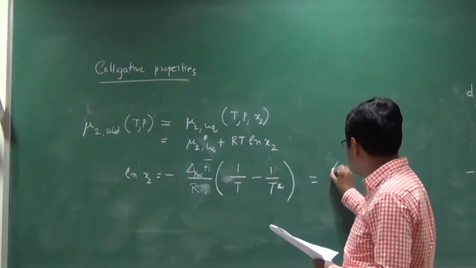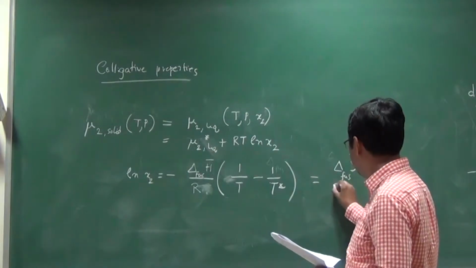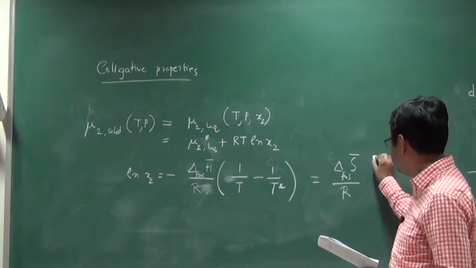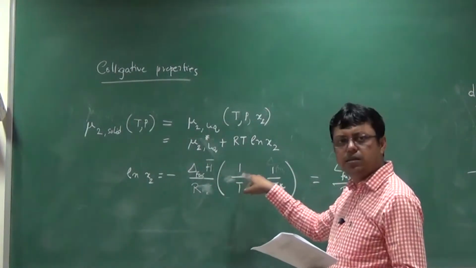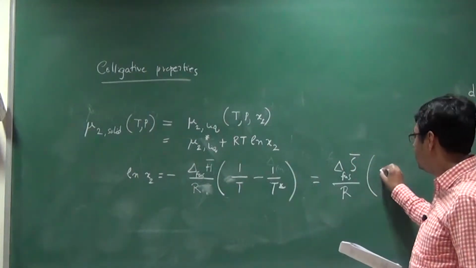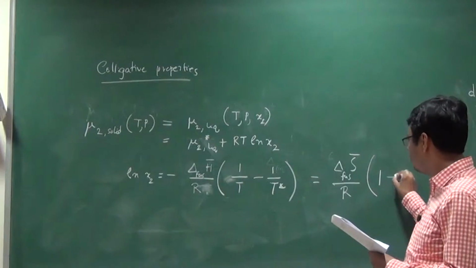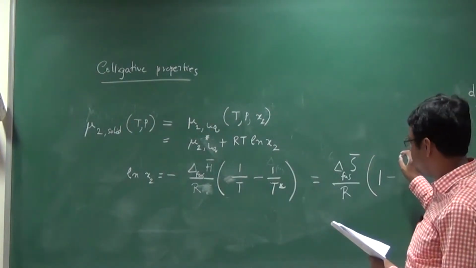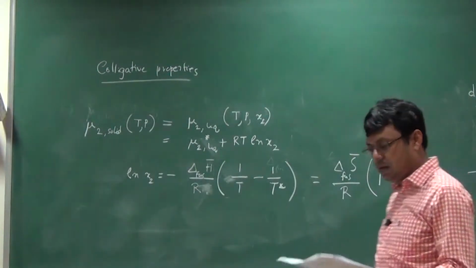So I can write it as delta S fusion, again with a bar because it's all molar, divided by R. If I divide by T here, I have to multiply by T inside. So then I will have basically 1 minus T over T star.